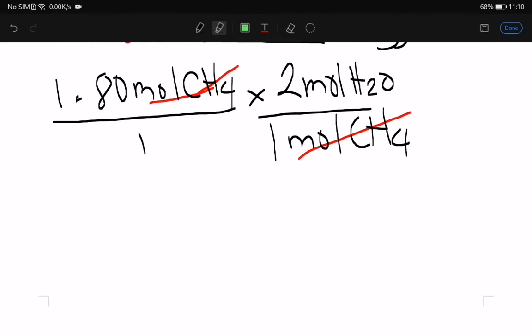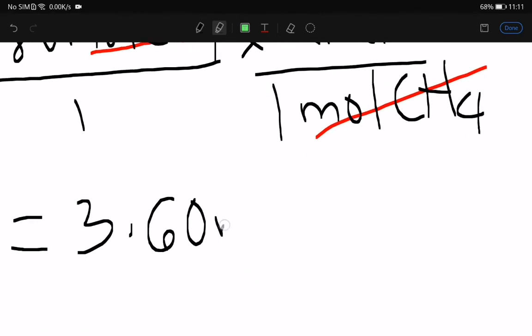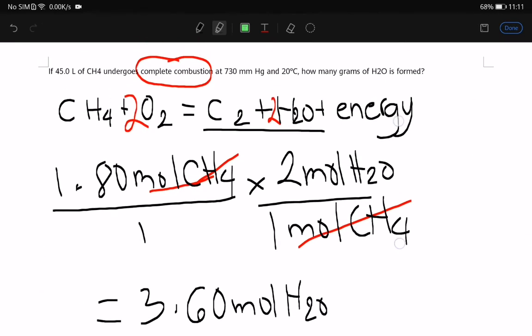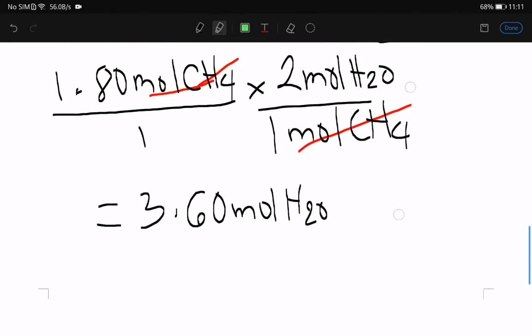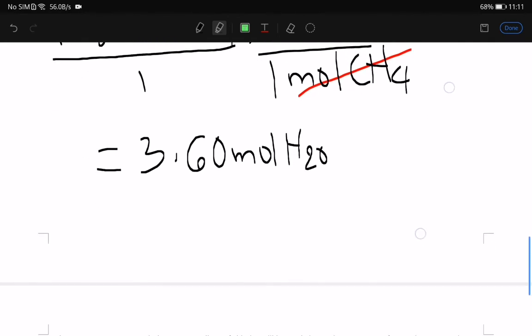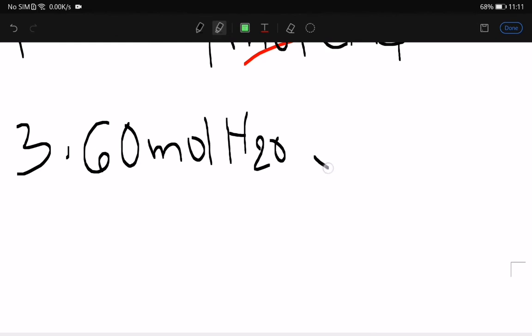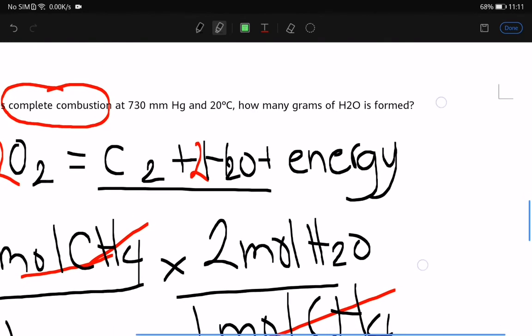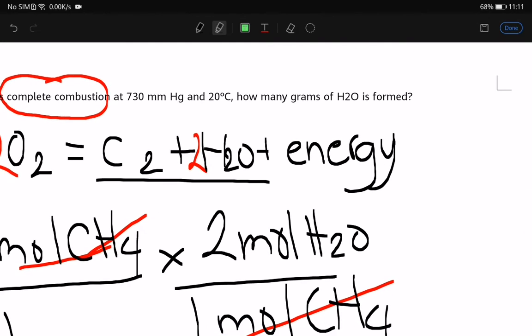Am I right? It's 3.60 moles of H2O. Now we're on the final step. We're going to convert that to grams of water. Again, get the molar mass of water.